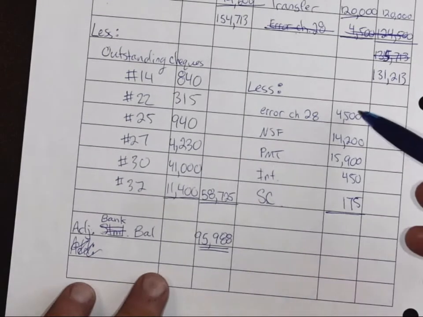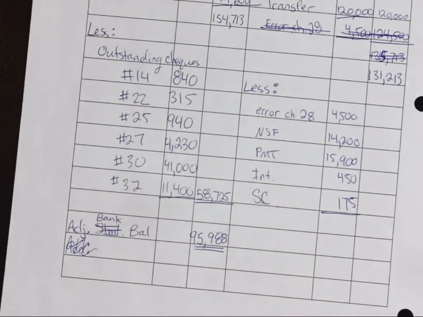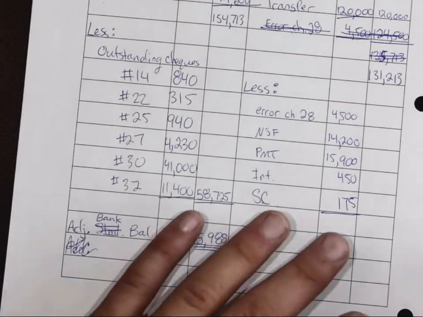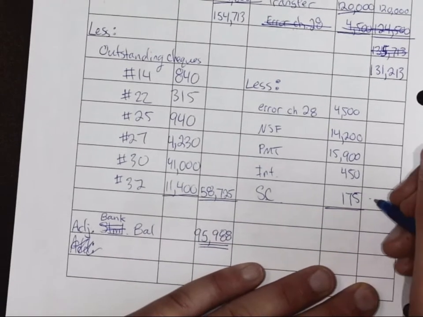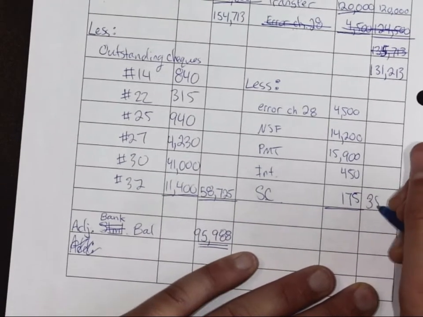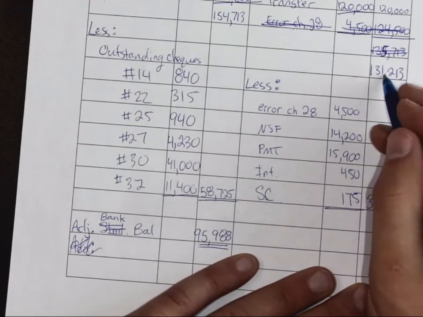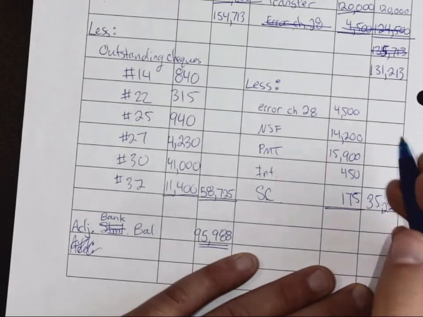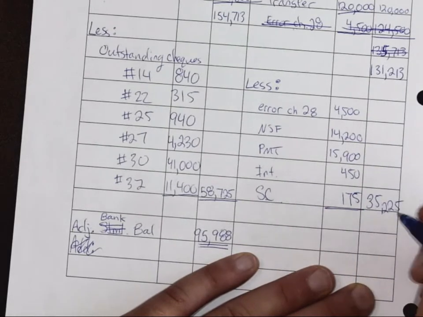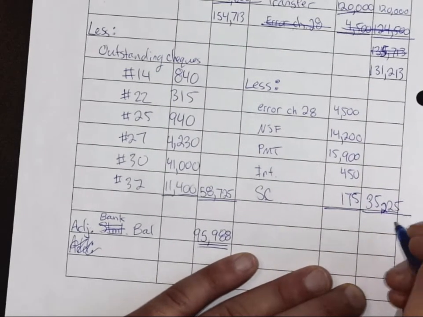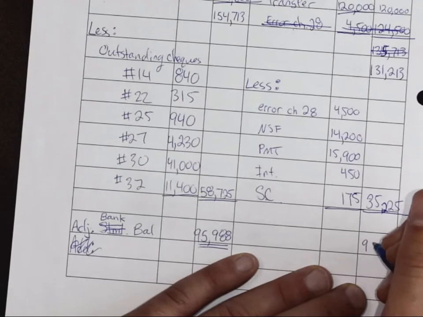So what is the total of all of these values being less? Sorry, what is this amount? 3,522. And if we less 131,213 from 35,225,988, we get 95,988.